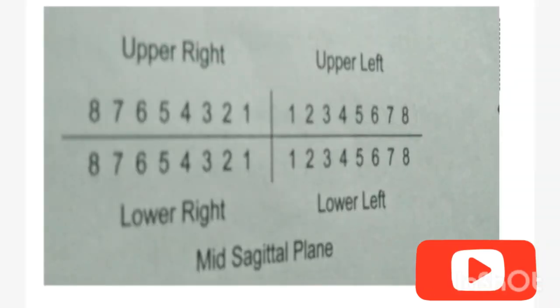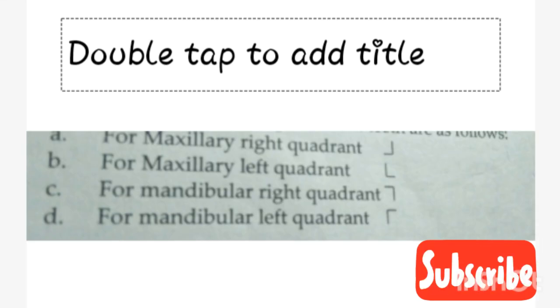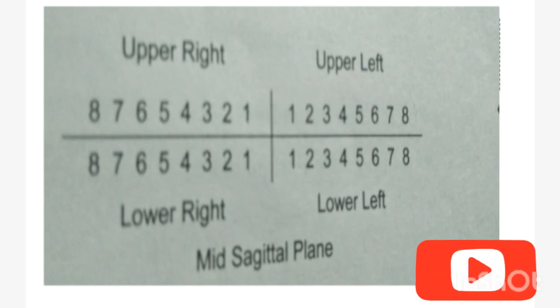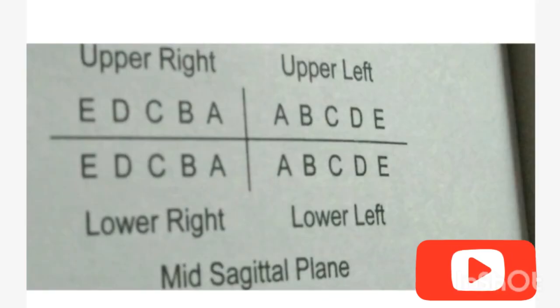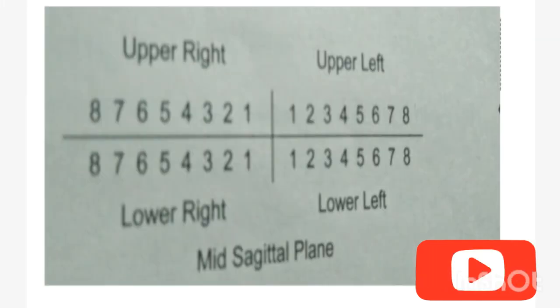If we are going to write about the lower left, then use the mandibular left quadrant symbol and write down the 1. Okay, and in the deciduous system everything is the same, but the difference is only that it is in alphabetical form and this is in numerical form.